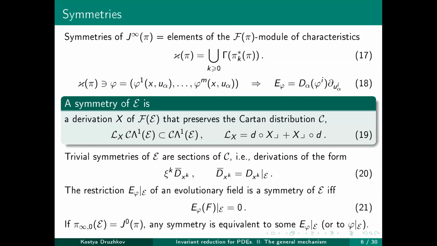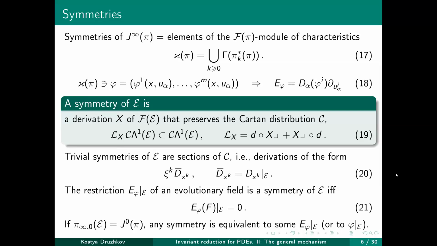The restriction of an evolutionary field is a symmetry of epsilon if and only if the formula 21 holds. That is, if and only if the result of the application of this evolutionary vector field to the left-hand side of our system vanishes on the infinitely prolonged system.